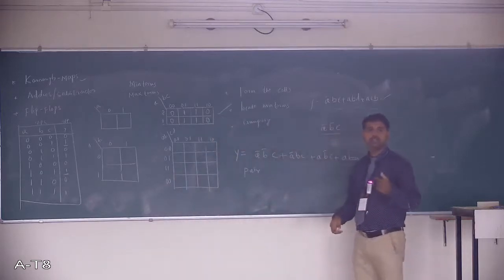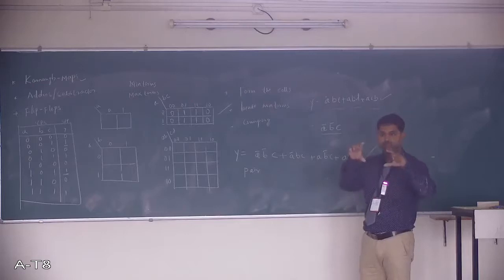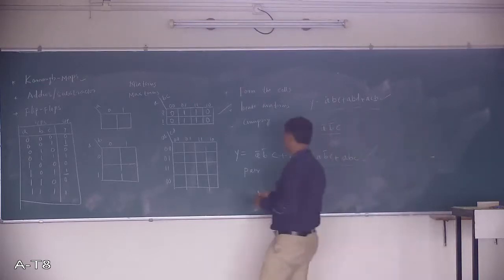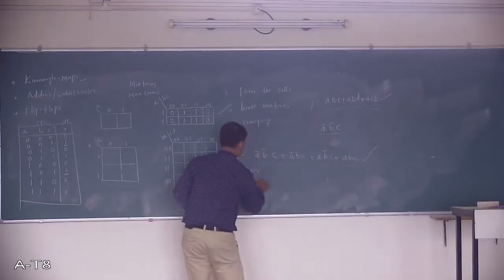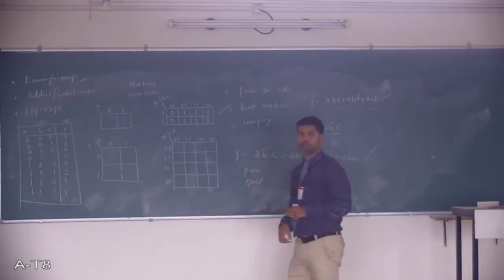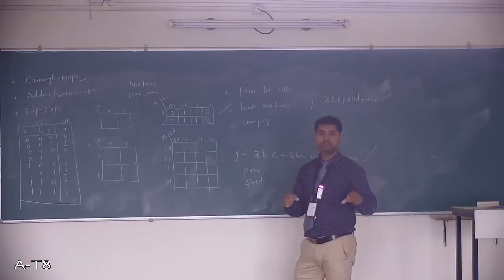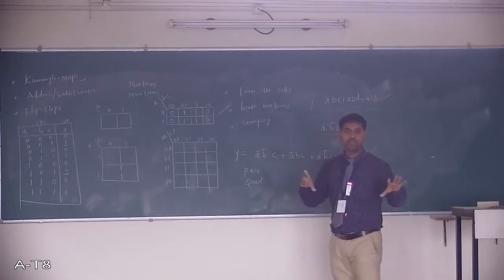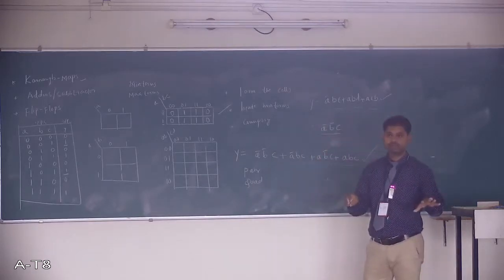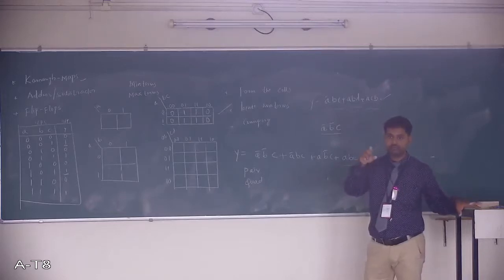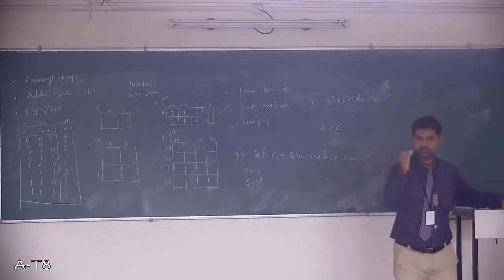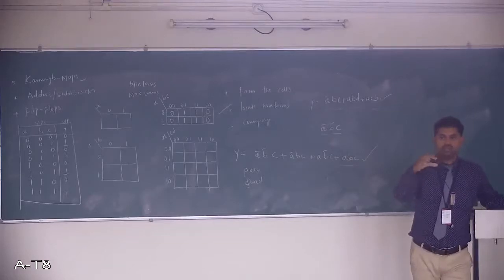You can group four adjacent cells. We call it a quad. You can group 8 cells. They should have the value of 1. The grouping is with respect to logic 1. Every cell has to be identified with ones and zeros.